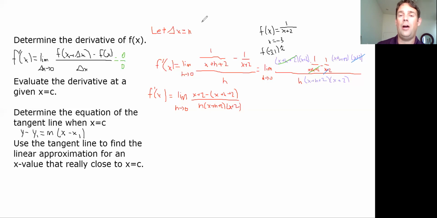So these limits allow us to figure out instantaneous rates of change. So what cancels here?